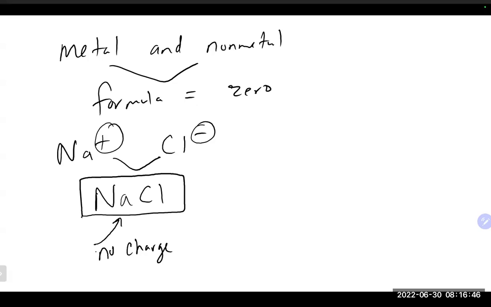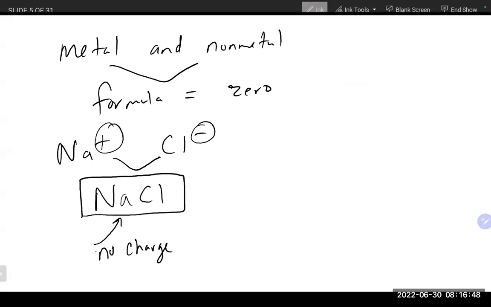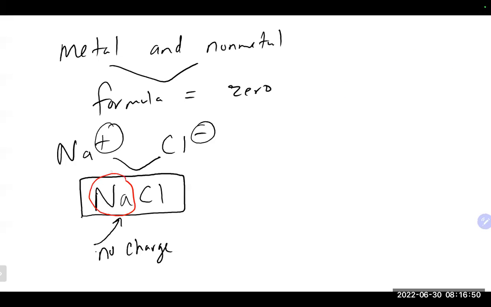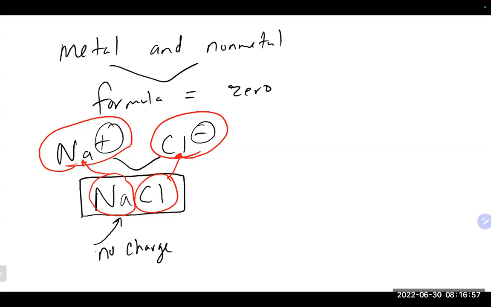So when we see that formula of NaCl, it actually is telling us that we have a sodium that is +1, and we have a chloride that is -1. So if you write individually the formulas for the ions, they should have charges. If you put them together to make an ionic compound, you should always put them together in the simplest way that gets you 0 in terms of the overall charge.